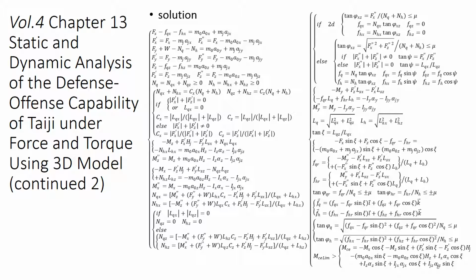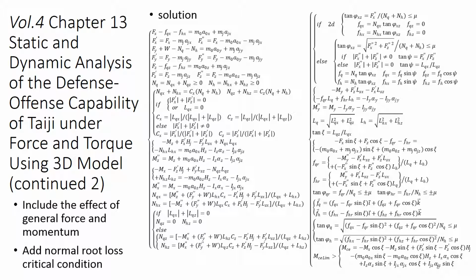Friction force for both feet. Tangents of angular line of force for both feet. Include the effect of general force and momentum. At normal root loss critical condition.